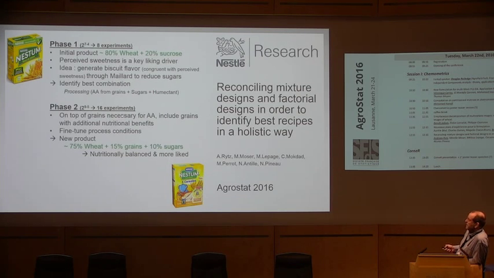In the second step, on top of using the grains as the amino acid source, we also wanted an additional nutritional benefit. We were trying to move that up to 15%, and we had to fine-tune the process conditions, meaning that in 24 trials we were able to move from something that had 80% wheat and 20% of sucrose to something that has 75% of wheat plus 15% of other grains plus 10% of sugar, so a nutritionally much more balanced product, and which is at the end even more liked by consumers.